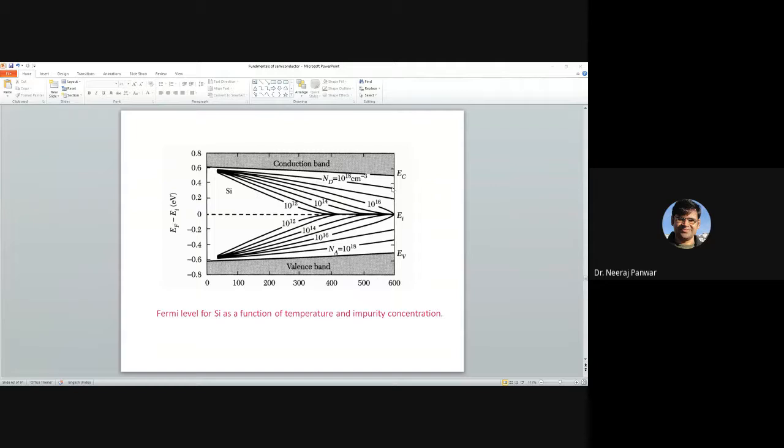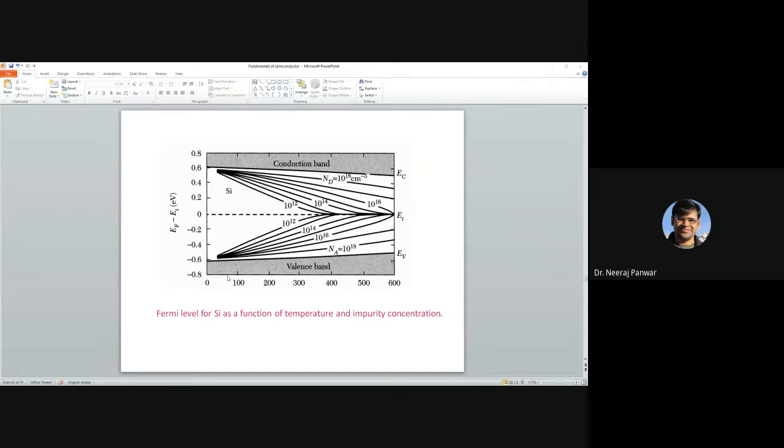For an N-type semiconductor, the Fermi level lies between the donor levels and the conduction band. For a p-type semiconductor, the Fermi level lies between the acceptor levels, which are not shown here, and the top of the valence band.